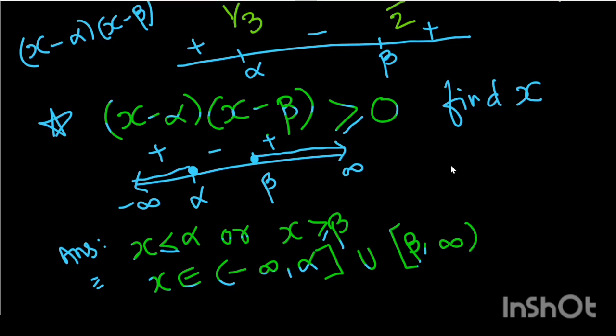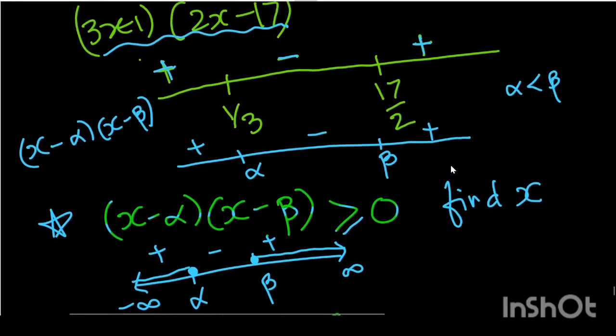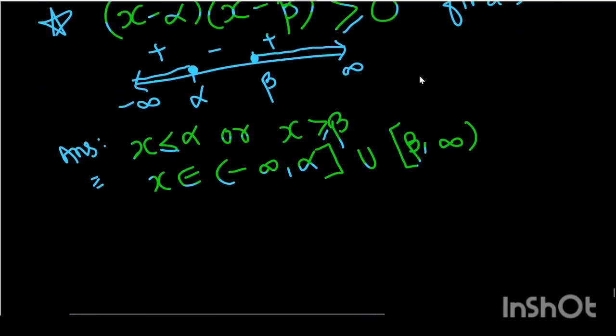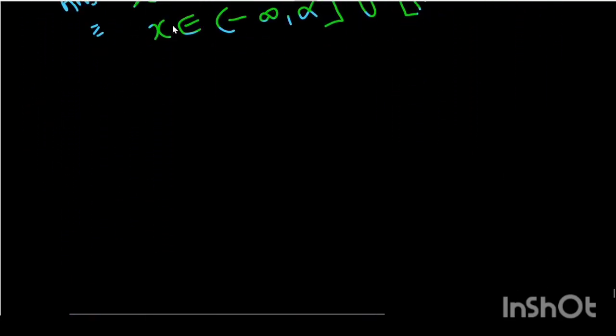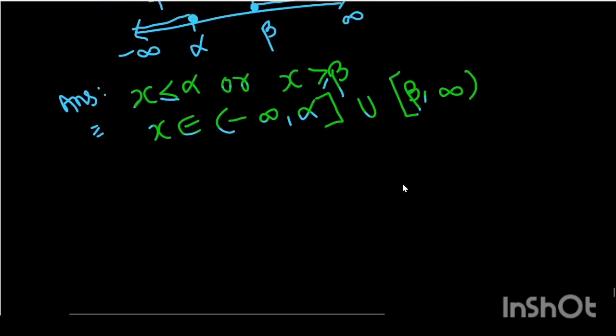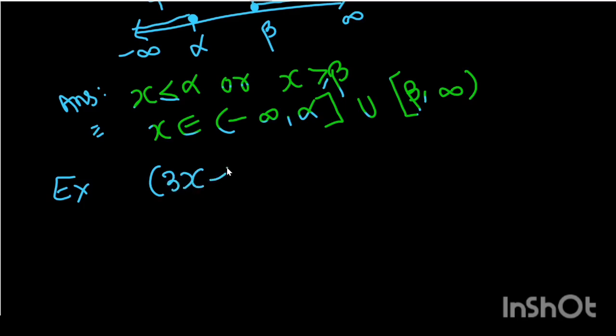Okay, so let's take the previous example, (3x minus 7)(2x minus 17) greater than or equal to 0.